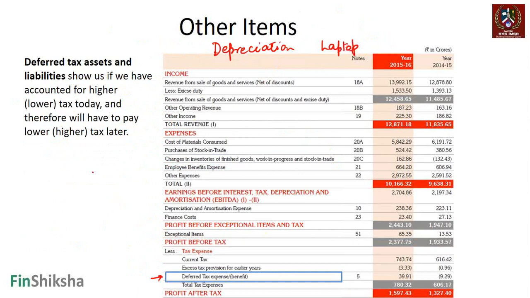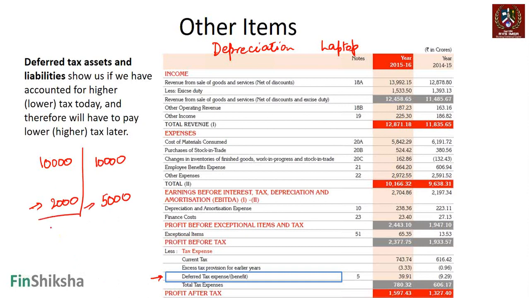Let's say I take a laptop worth 10,000 rupees and I'm going to use it over 5 years, which means in the first year the depreciation should be only 2000, right? The income tax department might say that's incorrect. You need to put in a depreciation of 50% on electronic items. So there is a discrepancy. I am using a lower depreciation, they are using a higher depreciation.